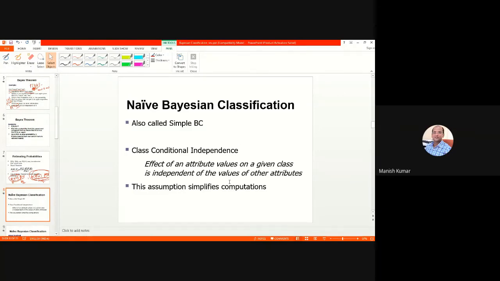Class conditional independence states that the effect of an attribute value on a given class is independent of the values of other attributes. This eases the computations. The reason is that between the attributes there is no dependency factor involved, so that gives me some sort of simplification.